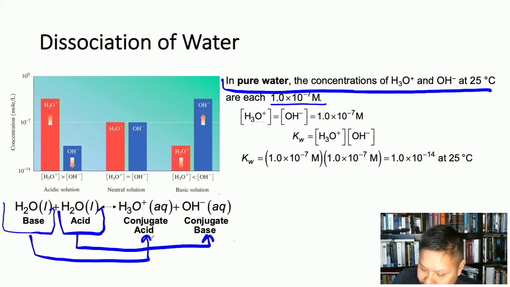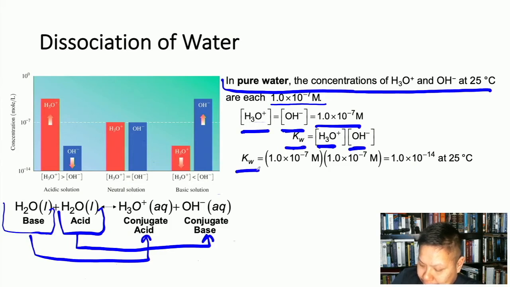So back to this now, though, because I just mentioned that because I forgot to say it before. The hydronium concentration is equal to the hydroxide concentration, which is equal to 1.0 times 10 to the negative 7 molar, right? So it's a very special number because if you multiply the concentration of hydronium times the concentration of hydroxide, you get this constant called Kw.